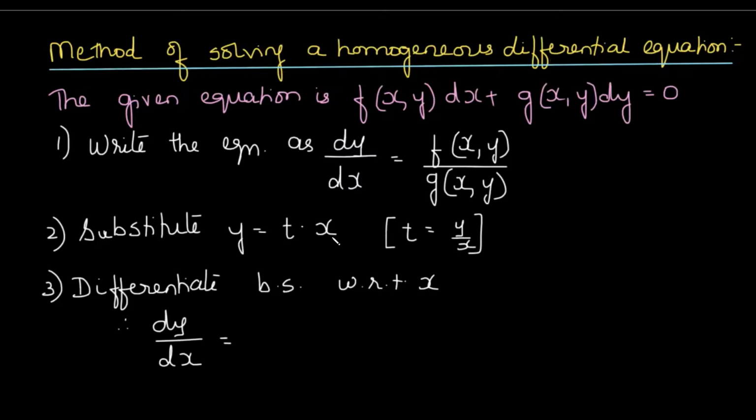RHS, u into v rule. So t into x, see, t is not a constant, it's a variable. So it becomes t into d/dx of x, which is 1, plus x into d/dx of t, which is dt by dx. So t plus x dt by dx, by using the u into v rule, that is the product rule of differentiation. Remember that.